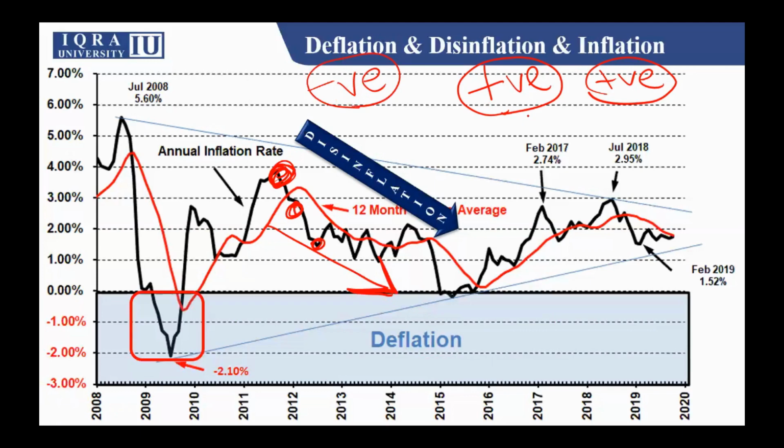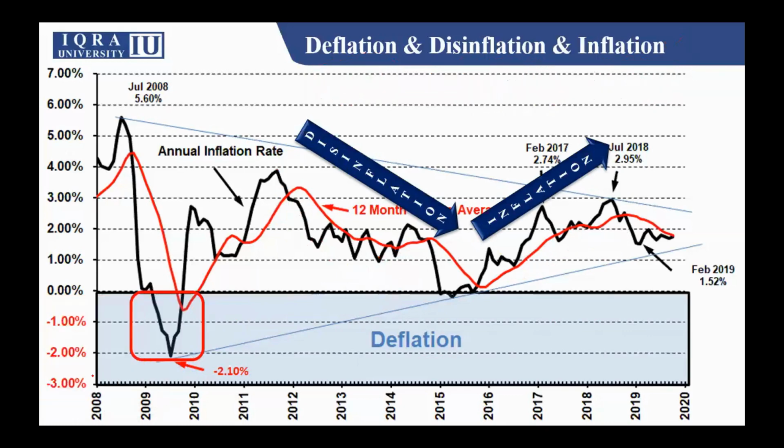When it is positive, it is either disinflation or inflation. When you're saying inflation, it means it should be a rising trend. So here it's a rising trend, which is positive and increasing. So this is how you can differentiate between deflation, disinflation, and inflation.